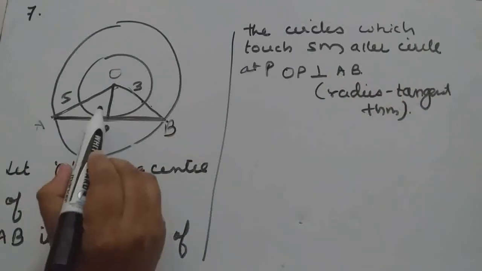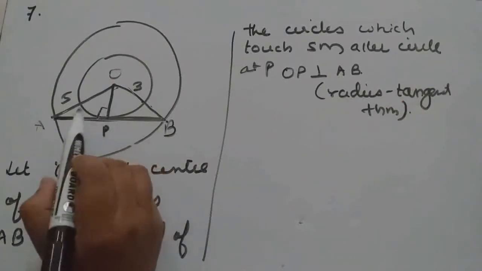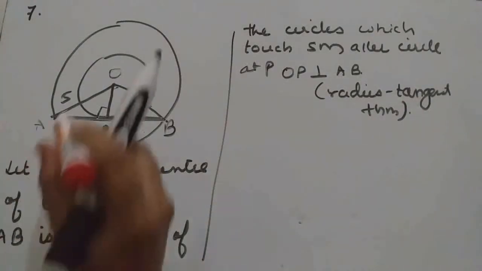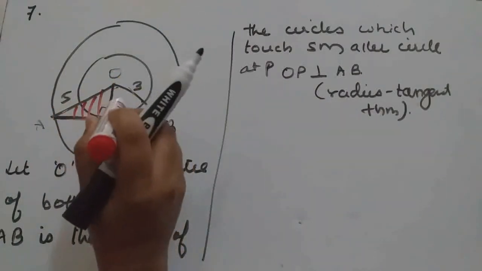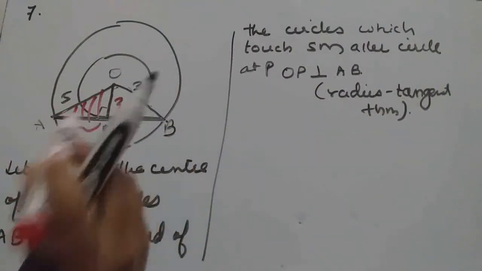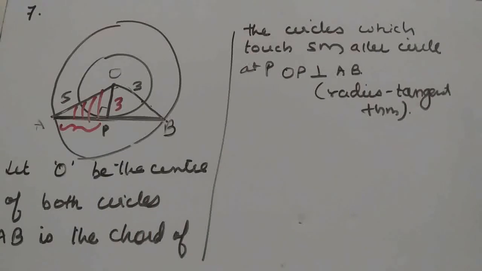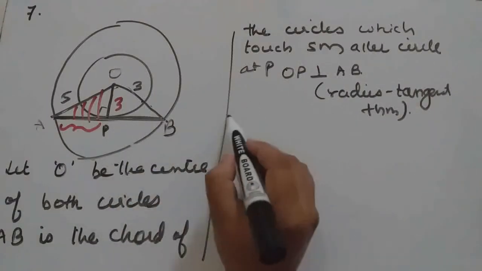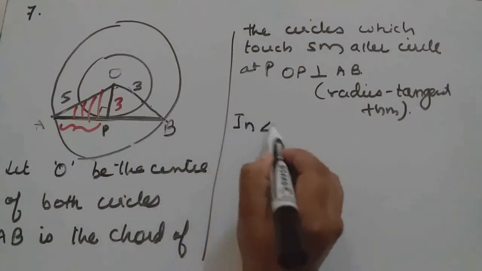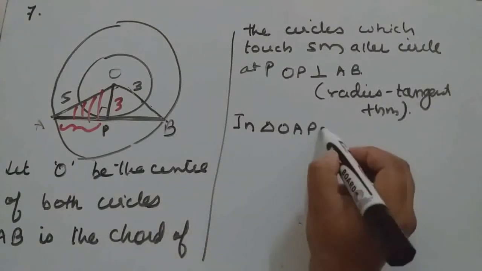Okay, now if you consider this triangle OPA, here this is 3, so the length of AP we can find here, isn't it? To find the length of AP we will apply the Pythagoras theorem in triangle OAP.